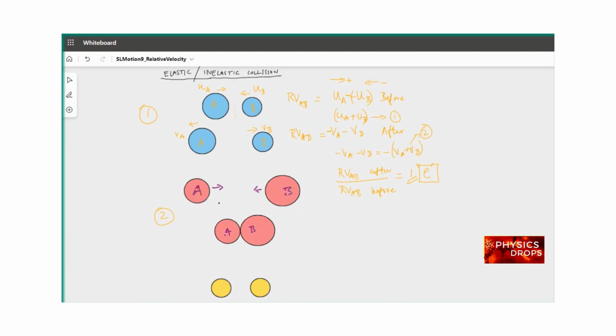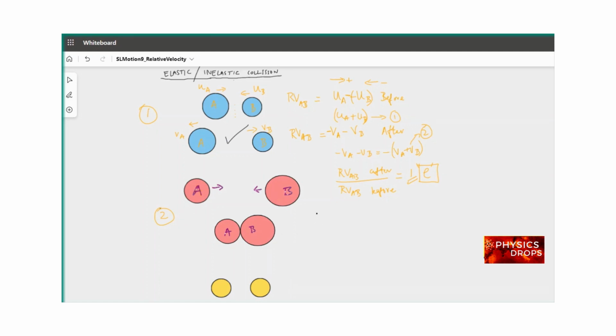So after hitting each other they stick together and continue to move, both together becoming one mass. So this is a perfectly inelastic collision, where there is no bounce back like what we saw in case 1. They stick to each other and become one mass.